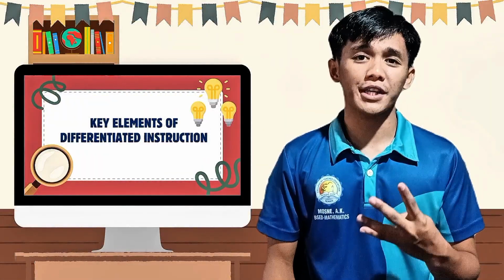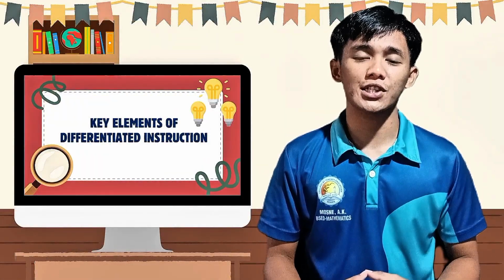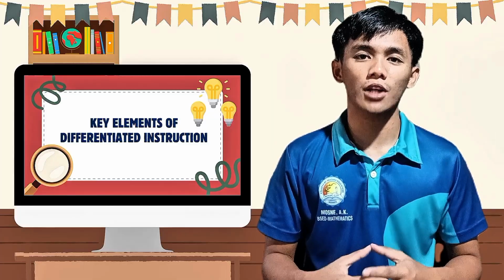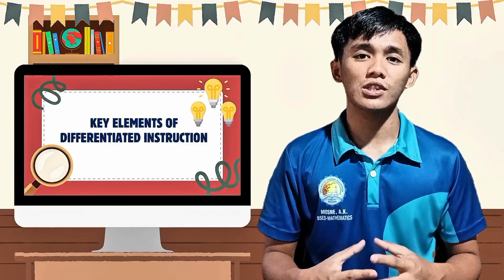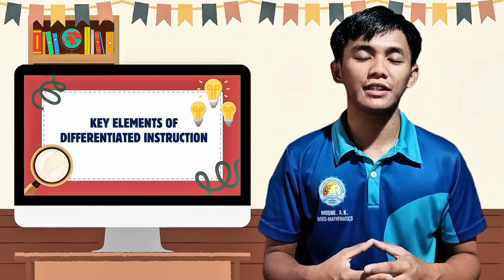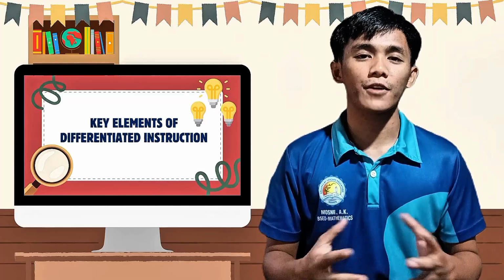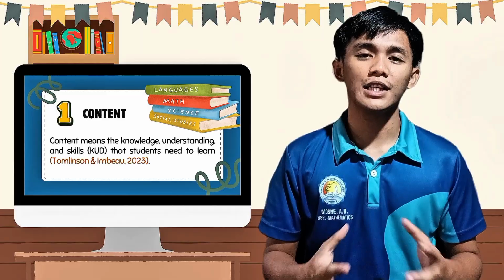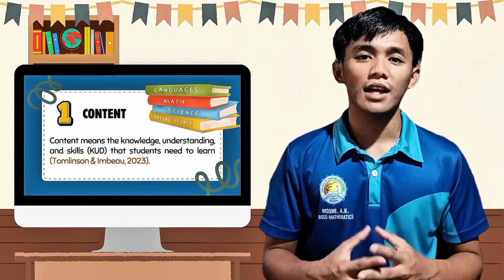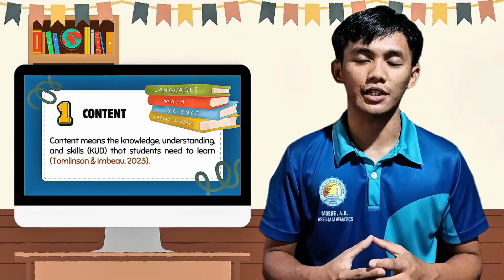Now, there are four key elements that teachers can modify in order to differentiate instruction, according to Tomlinson and Imbeau. These are the content, the process, the product, and the learning environment. First is content. This refers to the knowledge, understanding, and skills that students need to learn.